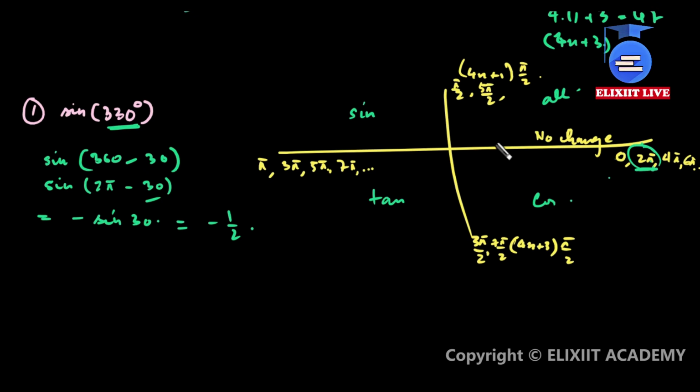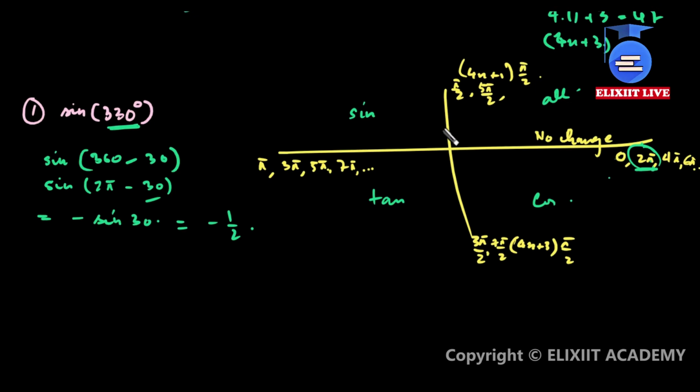Try to represent the angle in terms of pi plus theta, pi minus theta, 2 pi plus theta or 2 pi minus theta, because there is no change on the x-axis. For instance, you may ask why we can't change using the y-axis, like pi by 2 plus theta, pi by 2 minus theta, or 3 pi by 2 minus theta.